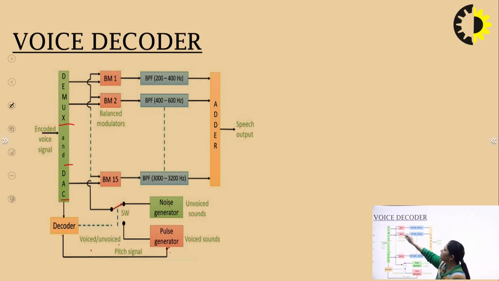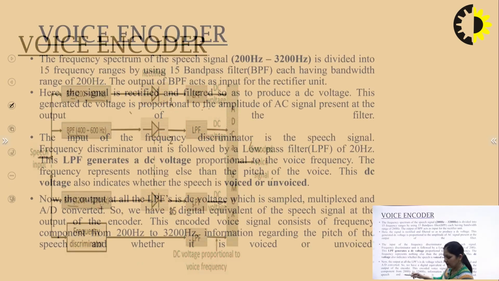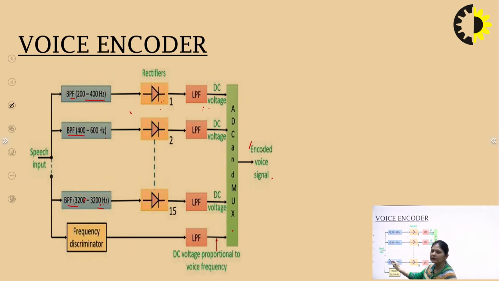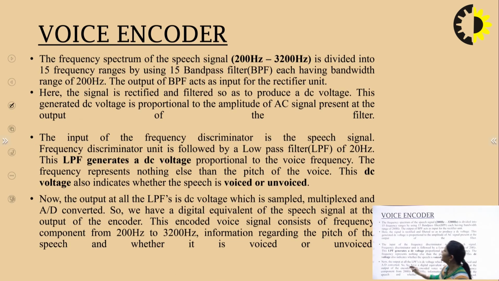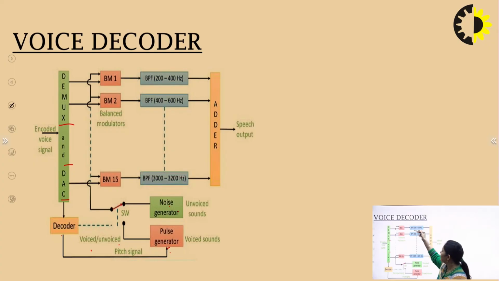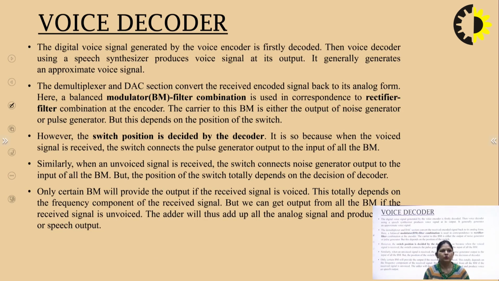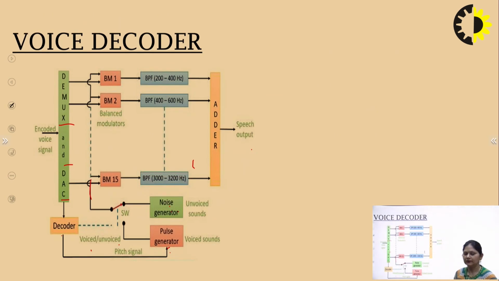And all these frequencies that we had seen earlier, the signal comprised a number of frequencies. In the same manner, you will be getting different frequencies depending upon the noise or pulse generation. These will be controlling the balance modulator, and ultimately all these signals will be added, and then we will get the speech output. So this is the function of voice decoder.